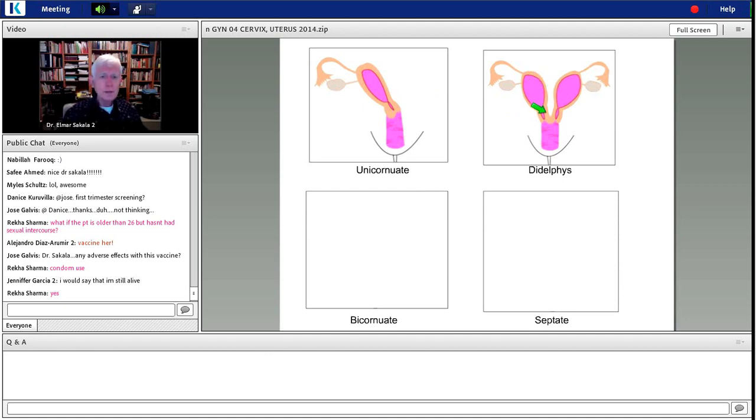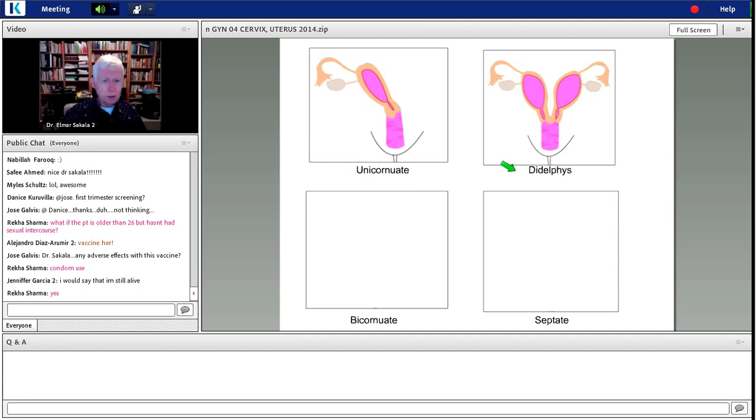But what you can do here is surgically remove the medial part of this horn of the uterus, the medial part of this horn of the uterus, and bring it together. So you can create a uterus. Now, obviously, this is at high risk for rupture in labor, so we would want to do a scheduled cesarean.